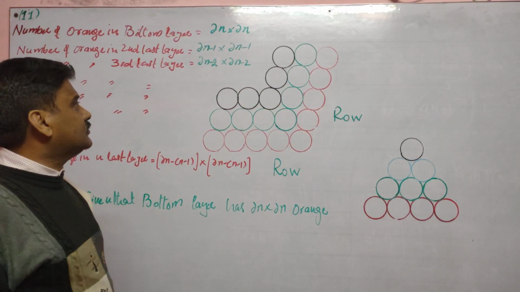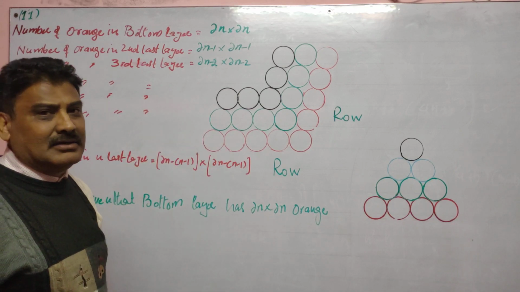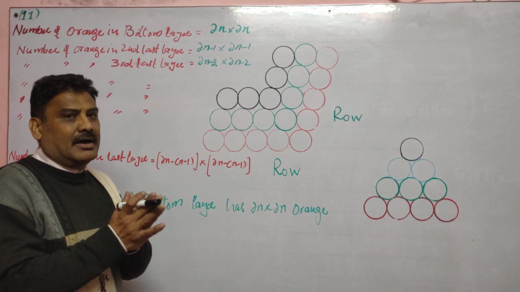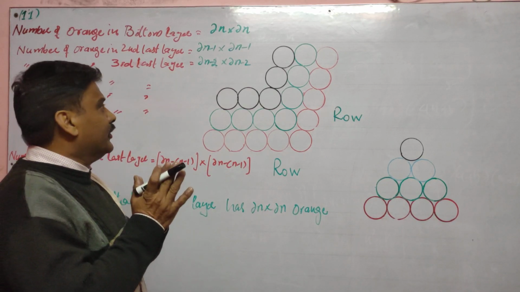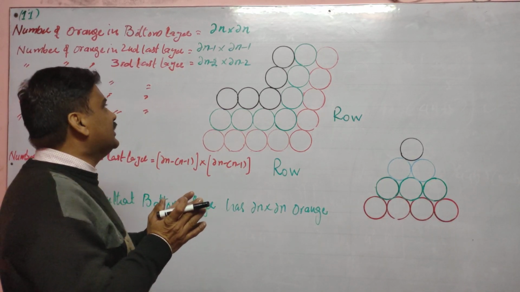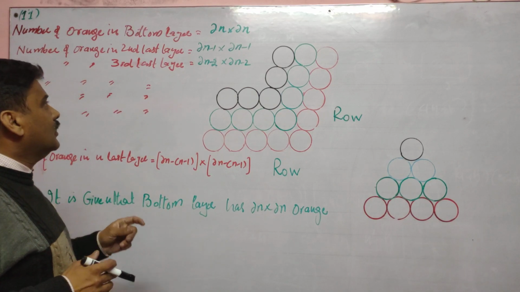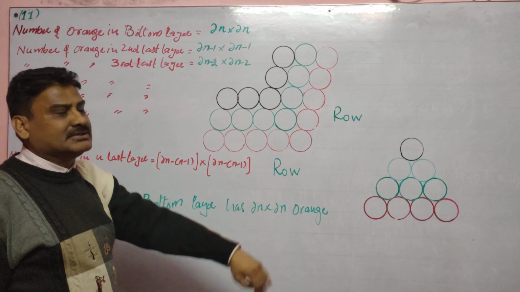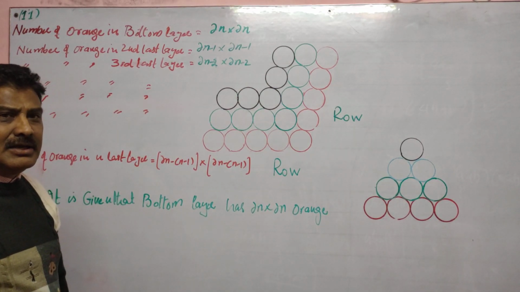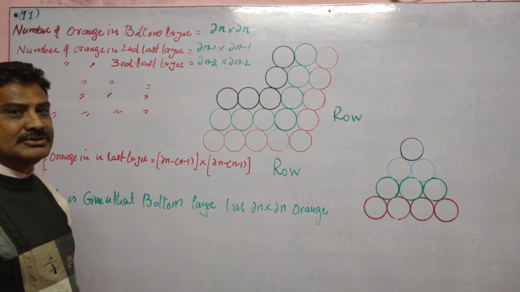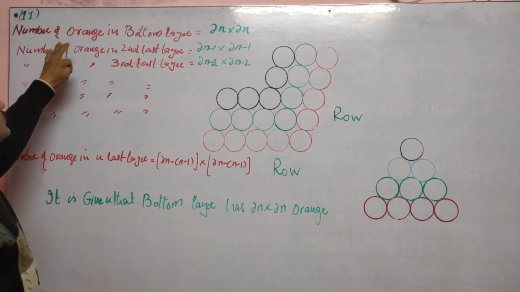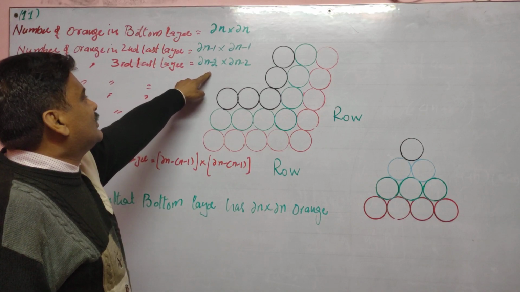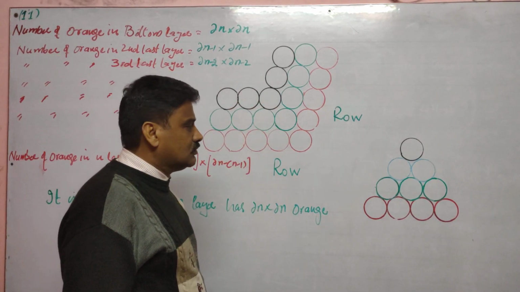The second last layer of the pile is also in the form of a square and each side of the square reduces by one orange. Hence, the number of oranges in the second layer is 2n minus 1 multiply 2n minus 1. Similarly, the number of oranges in the third last layer will be 2n minus 2 multiply 2n minus 2.